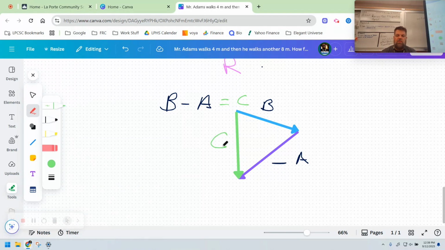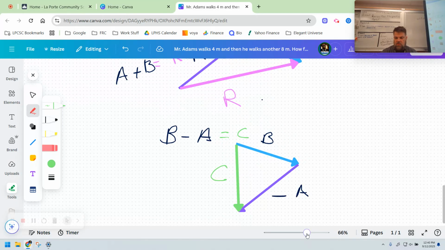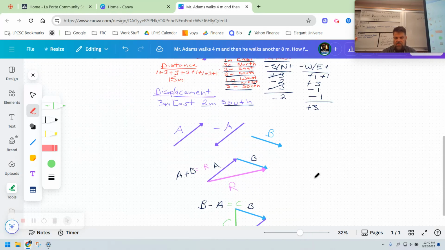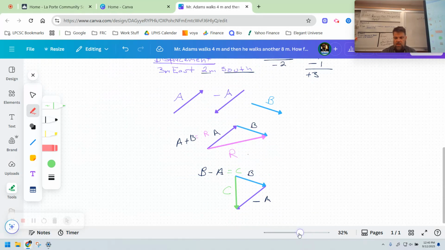So then you have a completely different result, and so you can think of a plane flying to California and a plane flying back from California. The wind's blowing the same way. In one case, the plane would actually be going slower, and in another scenario, the plane will be going faster. So I'm going to zoom out so you can see all of that stuff. That's the difference.